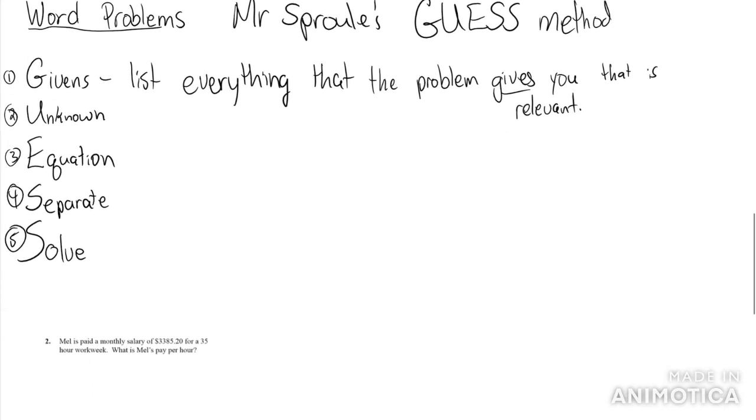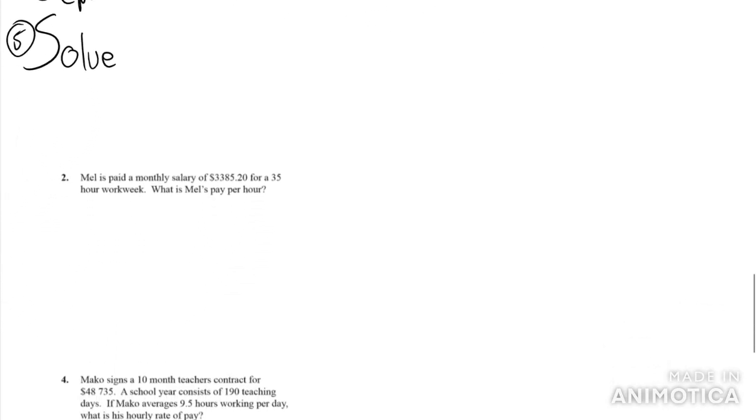So let's look at an example and break it apart. So Mel is paid a monthly salary of $3,385.20 for a 35-hour work week. What is Mel's pay per hour? So for example, the question tells me a person's name is Mel, but I don't really care for solving this problem. It could be named Gary, it could be named Roger or Becca. It really doesn't matter.